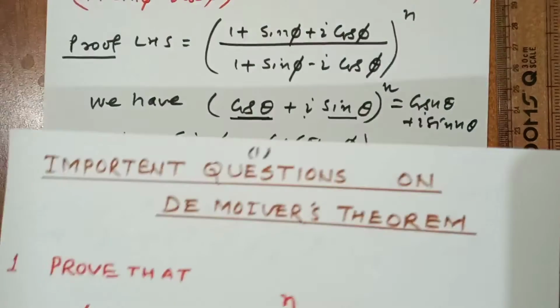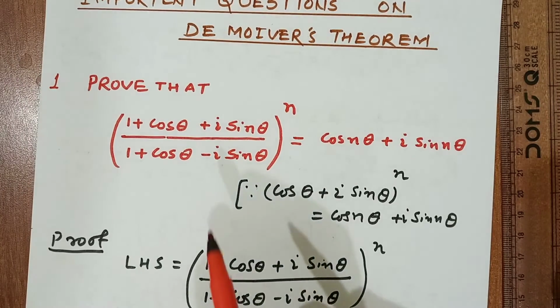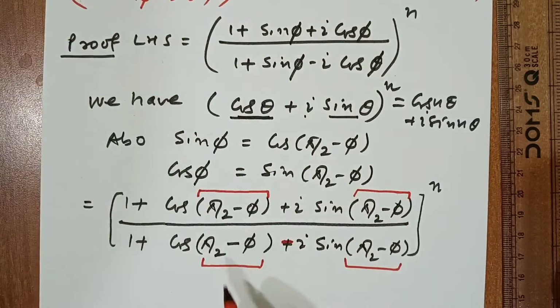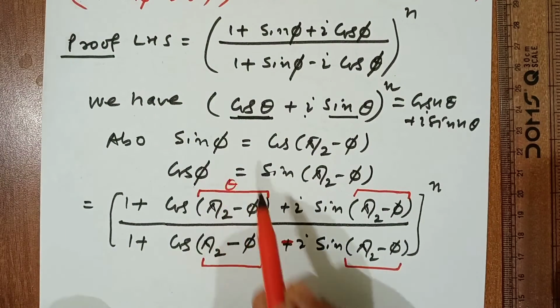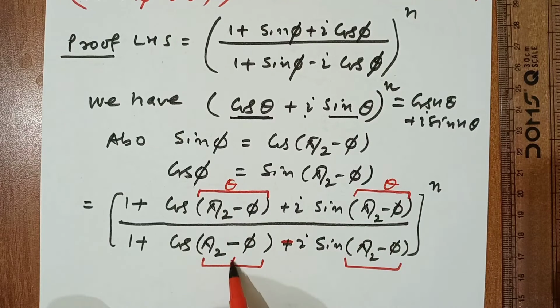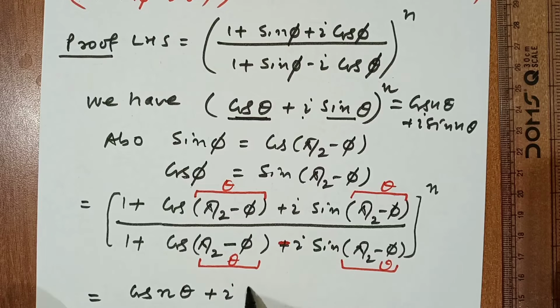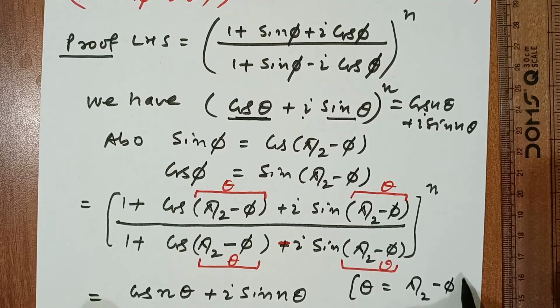If we put theta here, here and here, it already reduces to the form cos n theta plus i sin n theta, where theta is equal to pi by 2 minus phi.